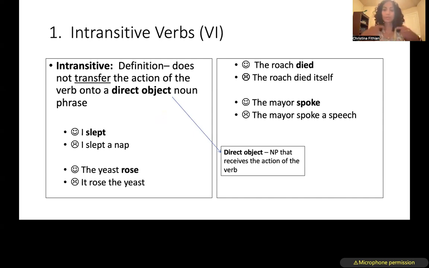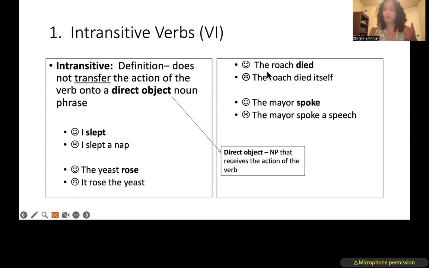And remember, a direct object is a noun phrase that receives the action of the verb. So we saw a little bit of this earlier. I can say, I slept. That's perfectly grammatical. However, I cannot say, I slept a nap. That's ungrammatical. Similarly, I can say, the yeast rose, but I cannot say, it rose the yeast. And that isn't quite grammatical.